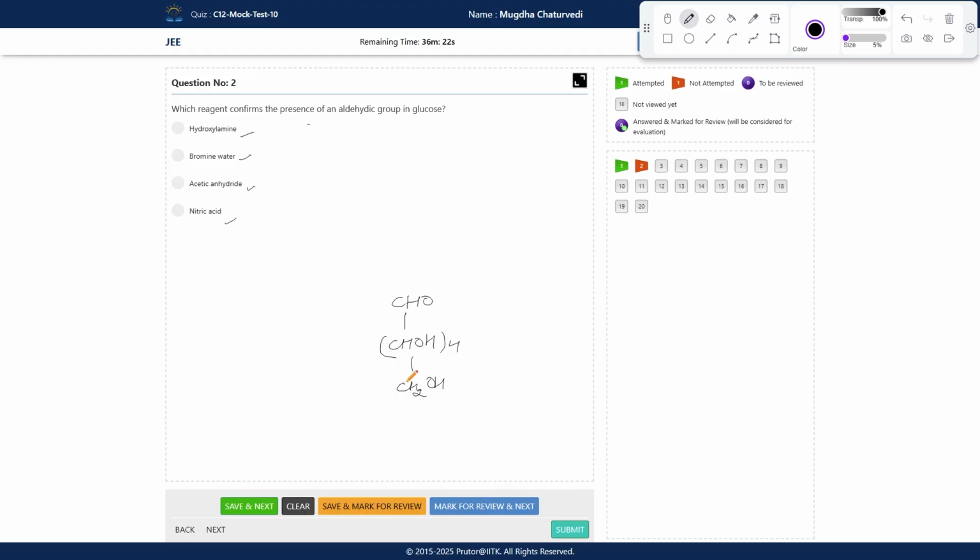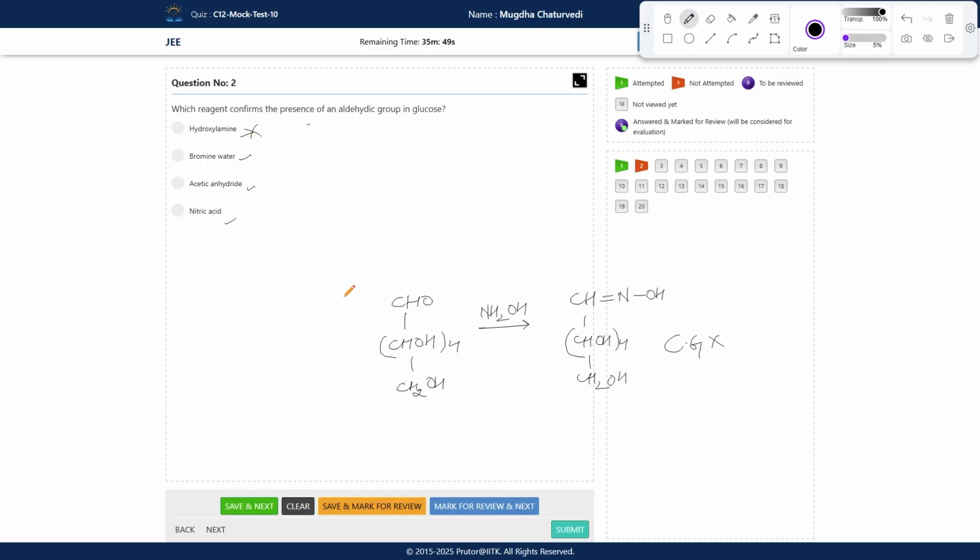First, with hydroxylamine, glucose reacts with hydroxylamine, that is NH2OH, and it forms an oxime, that is this OH, CHOH4 and CH2OH. Its reaction with hydroxylamine to form oxime confirms the presence of the carbonyl group and not the aldehyde group. That means this option is not right.